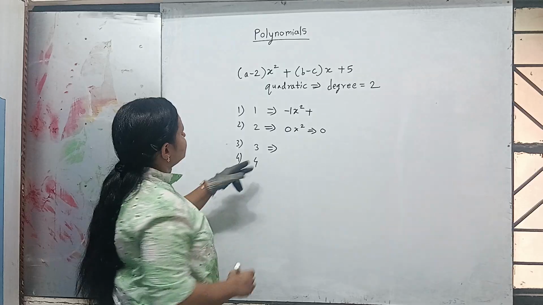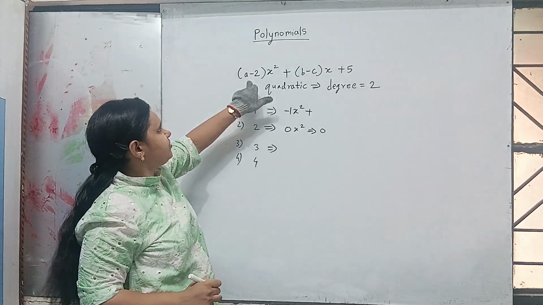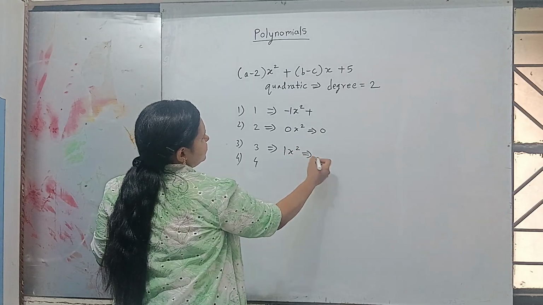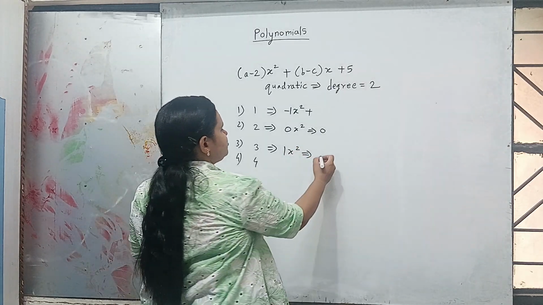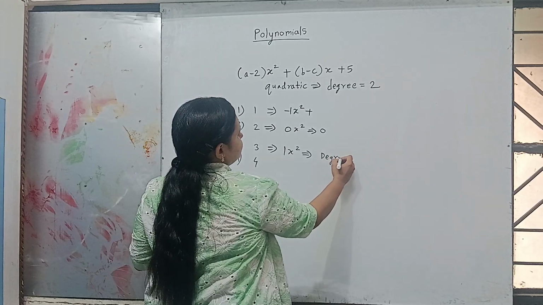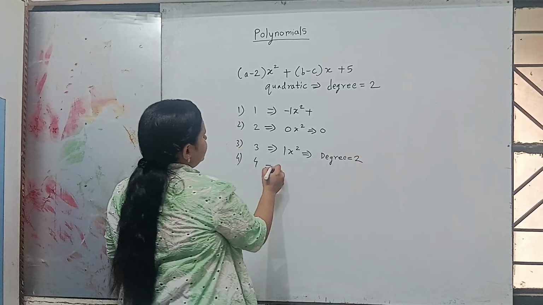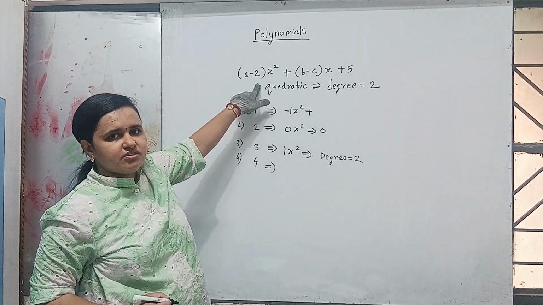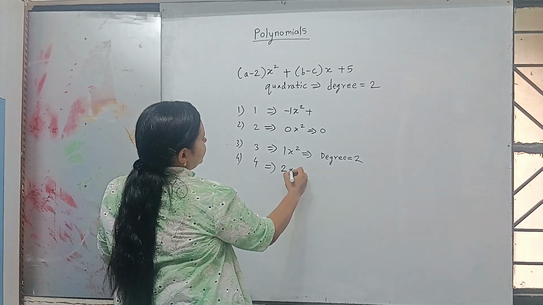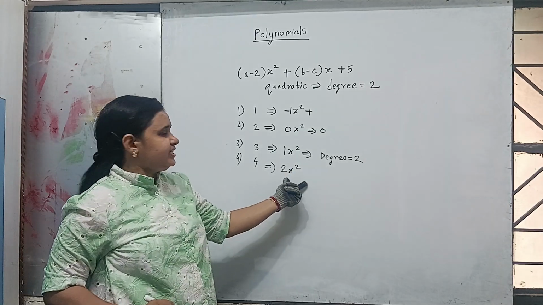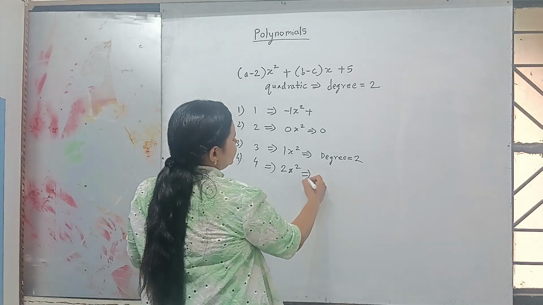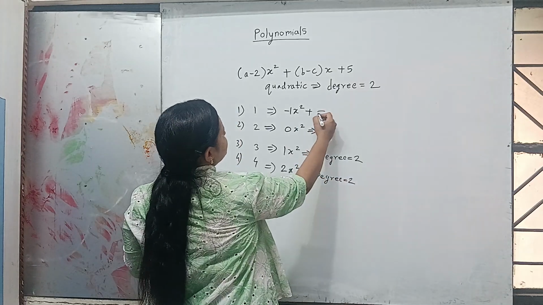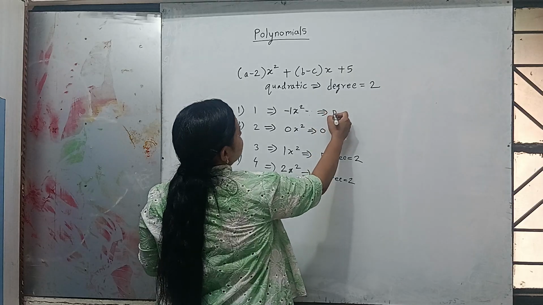If we put 3 here, 3 minus 2 will be 1, 1 x square. Here also we are getting degree as 2. In fourth option, if we put a as 4, it will be 4 minus 2, that is 2 x square. Here also we are getting degree as 2.